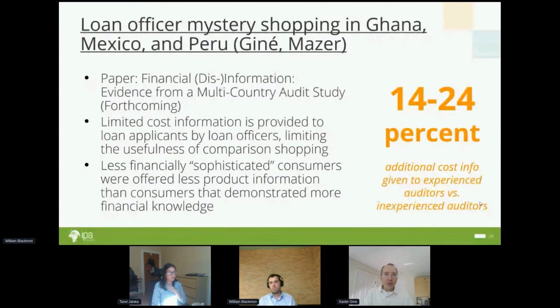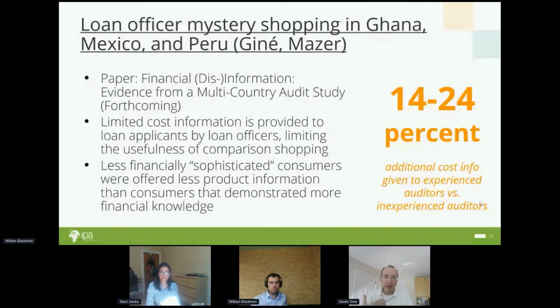So this first paper that was done a while ago actually tries to understand the quality of information and the quality of the products that are being offered to regular consumers. And again, it's important to stress that we use mystery shopping because what we want to understand is the information that's being provided and the quality of service that's being provided to a regular consumer.